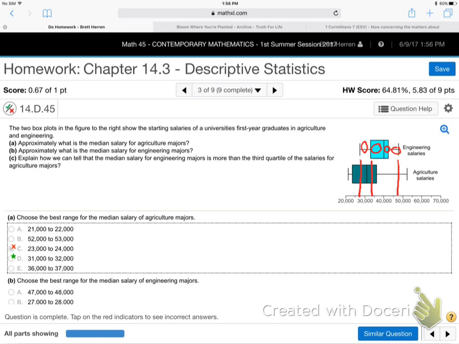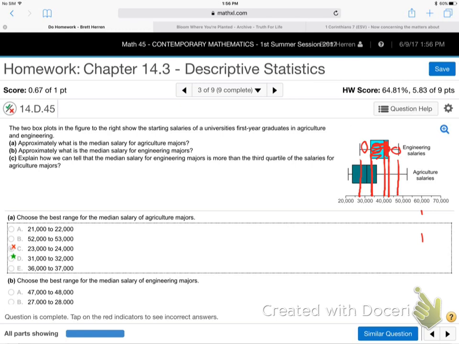Even though the spacing is not even, there are just as many engineers that made between 34 and 40,000 as made between 40 and 42, because that's probably one of the most common salaries. Just as many engineers made right in here as in here. It's breaking them into 4 even amounts of people.